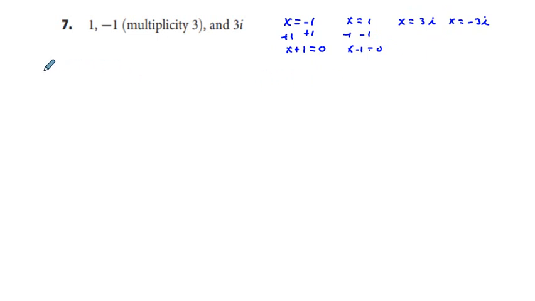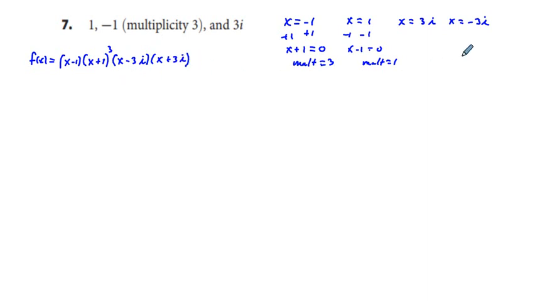So f of x is equal to the quantity x minus 1, which has multiplicity 1, and the quantity x plus 1 cubed, which has multiplicity 3. Then we have the 3i business, so x minus 3i times the quantity x plus 3i.